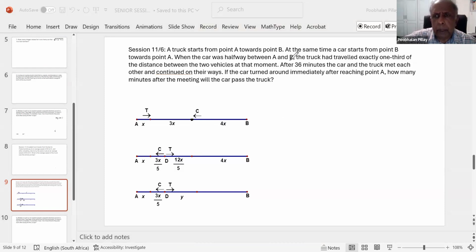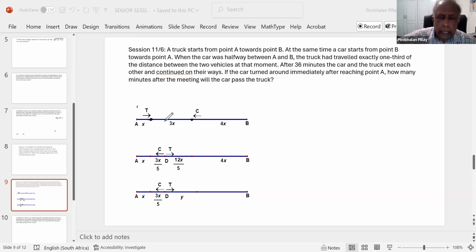When the car is halfway between A and B, the truck has traveled exactly 1/3 of the distance between the two vehicles at that moment. The truck, by the way, has already moved on and is here somewhere.